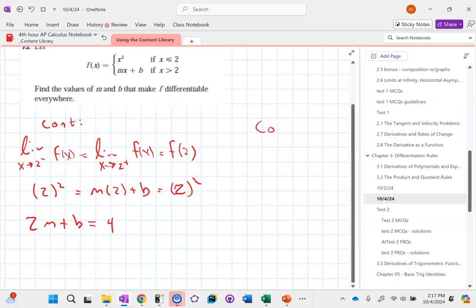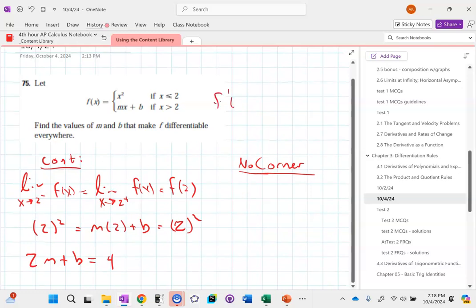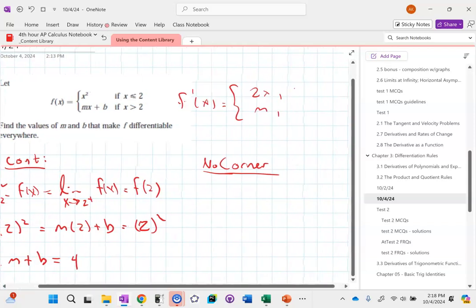Now, the thing I really worry about here is making sure I don't have a corner. So I'm going to start by just taking the derivative. To take the derivative of a piecewise function, just take the derivative of its pieces. So derivative of x squared is? Derivative of mx plus b is? M. Now we should give ranges here. At minimum, I do this.